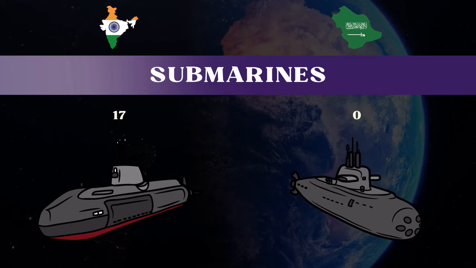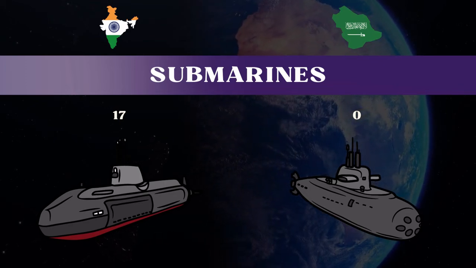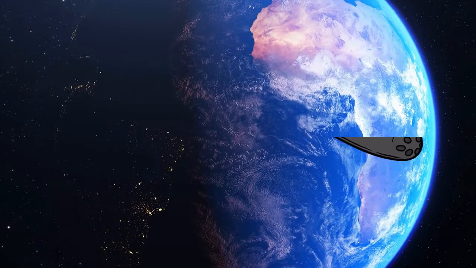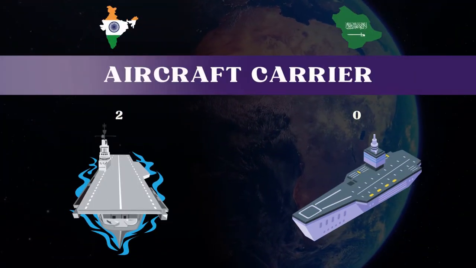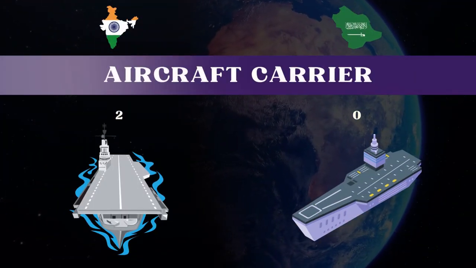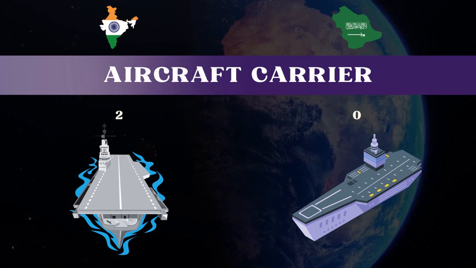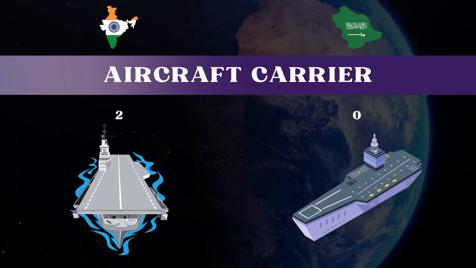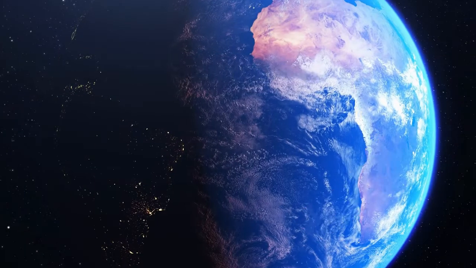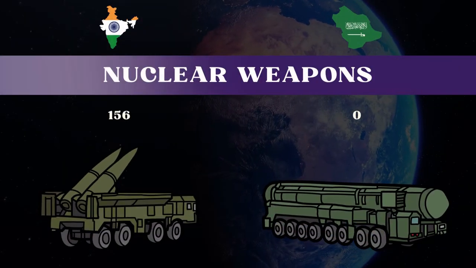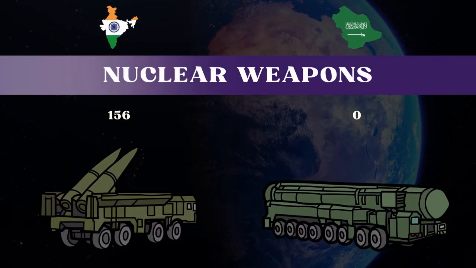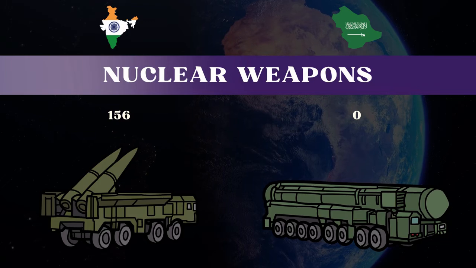Saudi Arabia has no submarines but India has 17. Saudi Arabia has no aircraft carriers, but India has two. India is among the 9 countries which possess nuclear weapons.